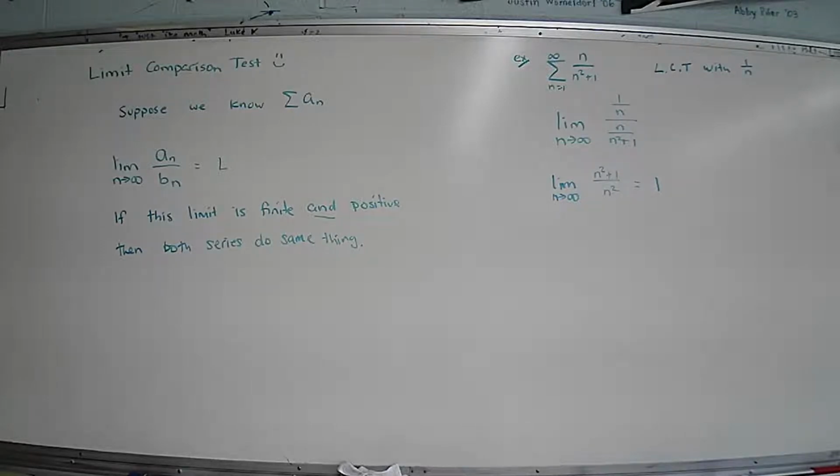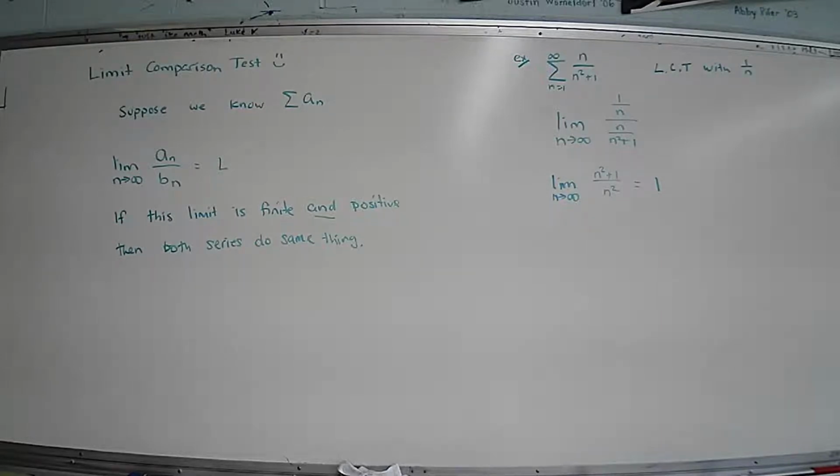That's if it were the nth term test, but we're not looking at one series here. The terms are approaching 1? No, not the terms approaching 1. What's approaching 1 here?